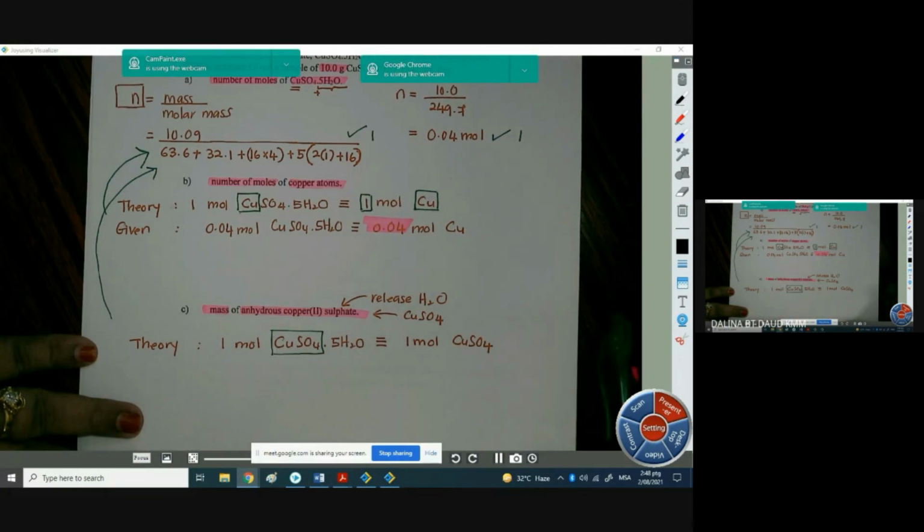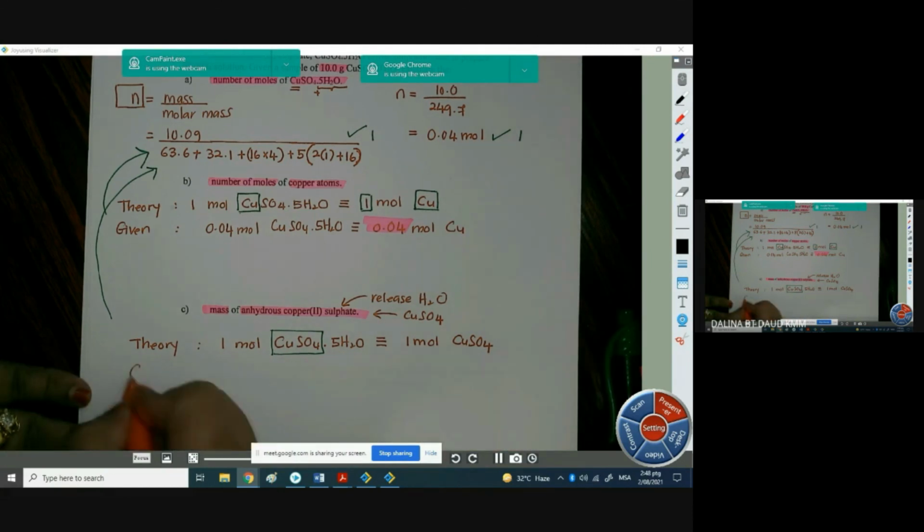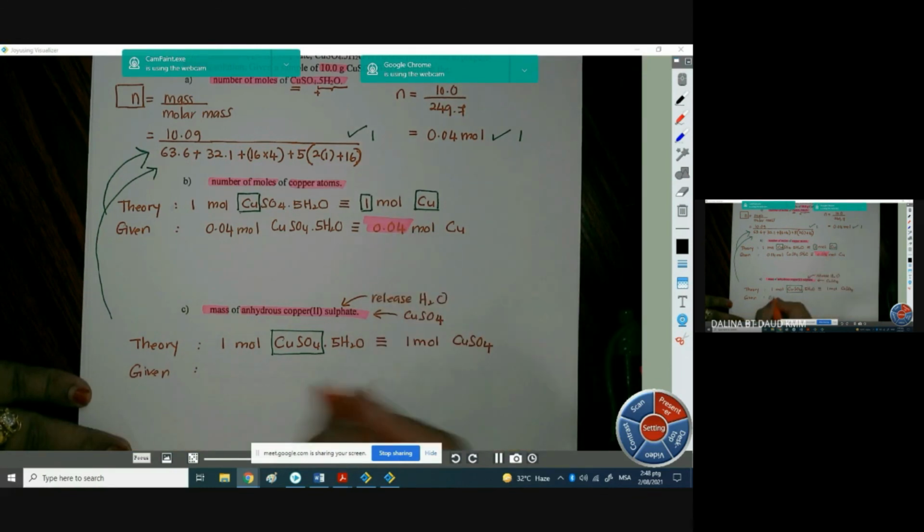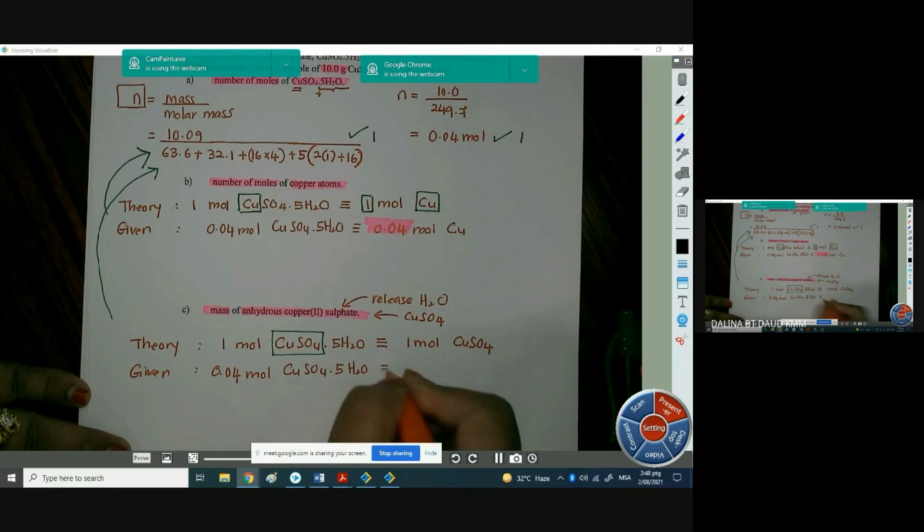So given we have 0.04 mole of hydrated copper sulfate, you will get the answer 0.04 mole of copper sulfate.